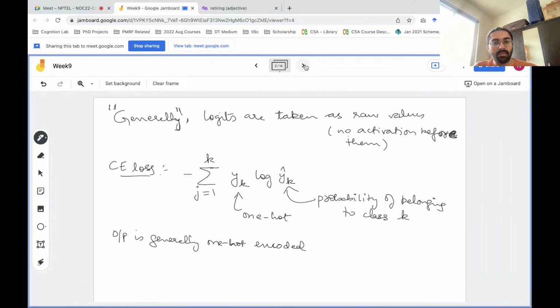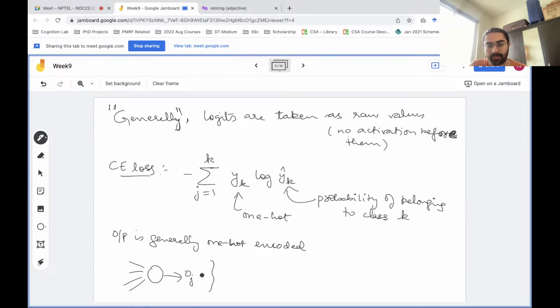Hence we don't take any activation on the logits directly. Your last layer outputs the weighted sum of the inputs from the previous layer, which we take as some o_j, and then we finally apply the Boltzmann function over these values.